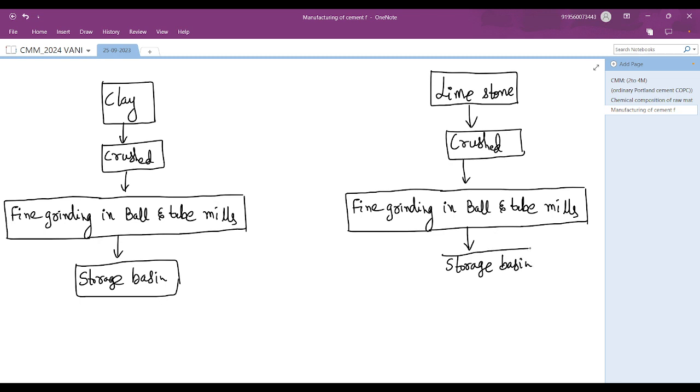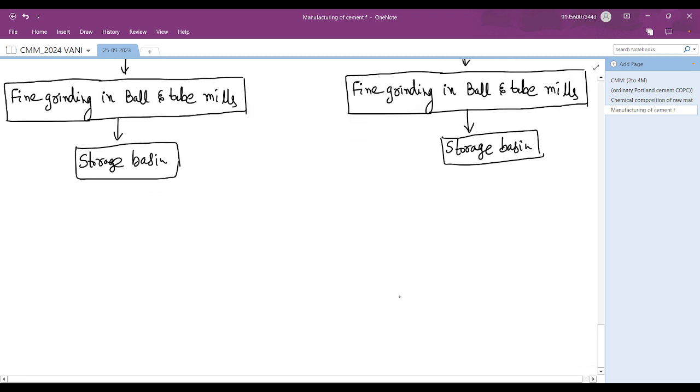Both raw materials in different storage basins are now taken into a combined mixing basin, where the correct proportion is set.